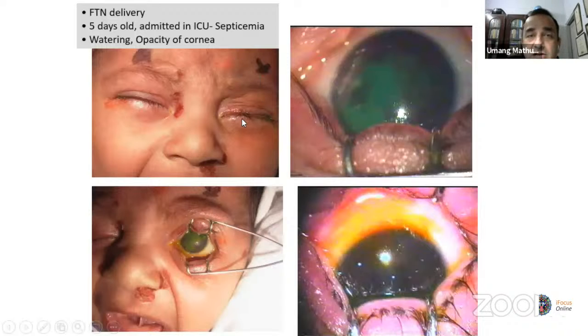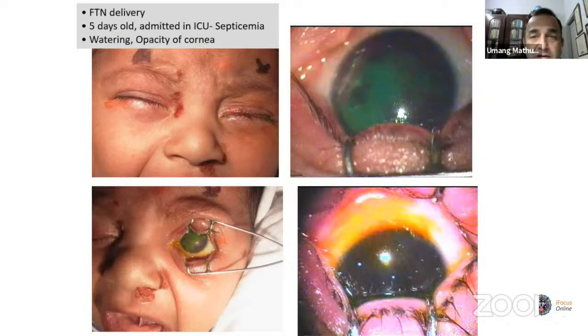Now, the congenital ocular herpes: this is a patient that presented in the clinic, full-term normal delivery, 5 days old. The patient actually was being treated for septicemia. In the OPD, it looked like an opaque cornea, but there was congestion.